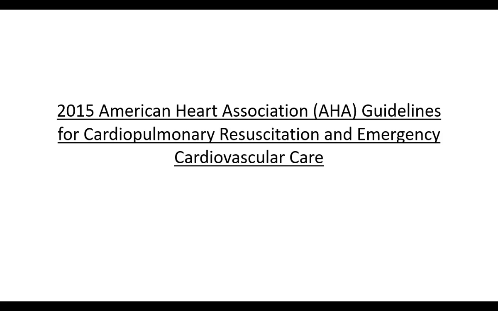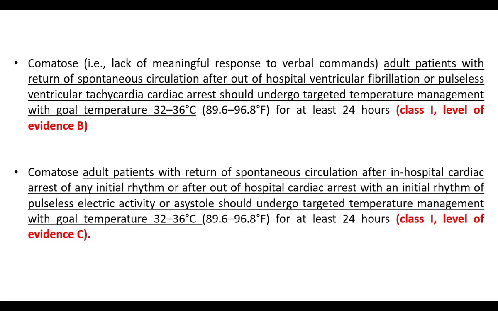If you look at the American Heart Association guidelines 2015, what it says is that all comatose adult patients with return of spontaneous circulation after out of hospital ventricular fibrillation or pulseless ventricular tachycardia cardiac arrest should undergo TTM with a goal temperature of 32 to 36 degrees centigrade. And that carries a class 1 evidence.